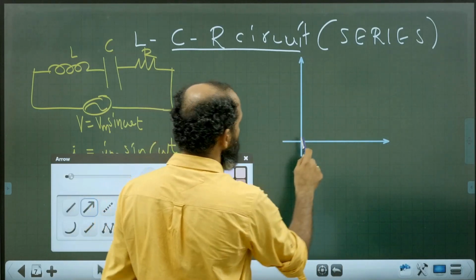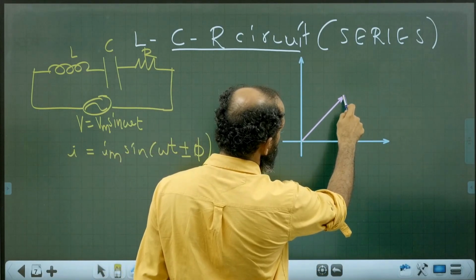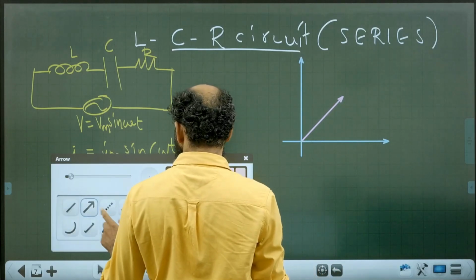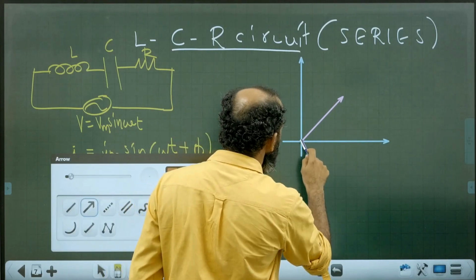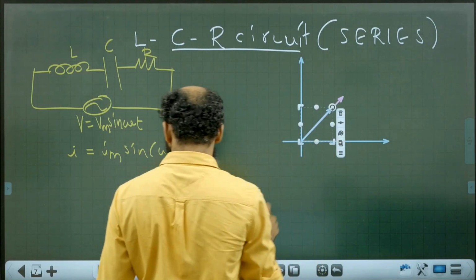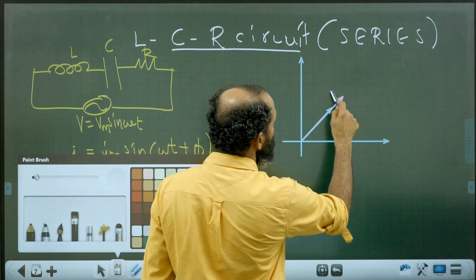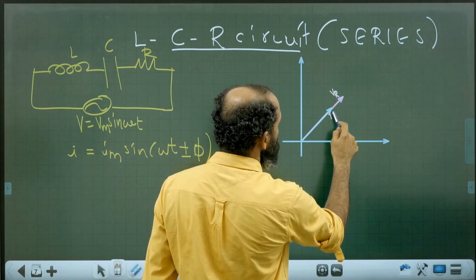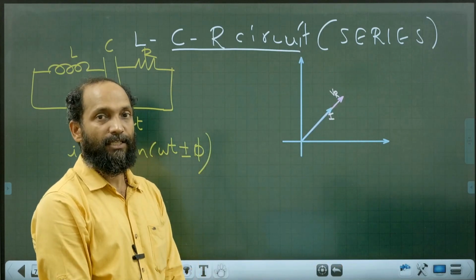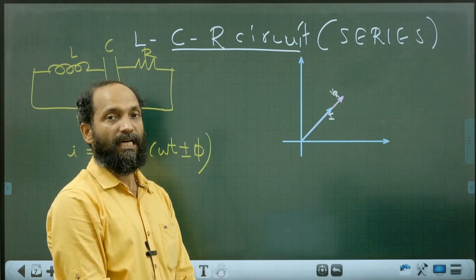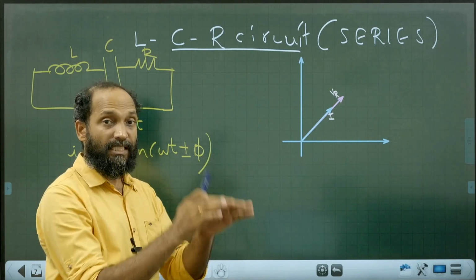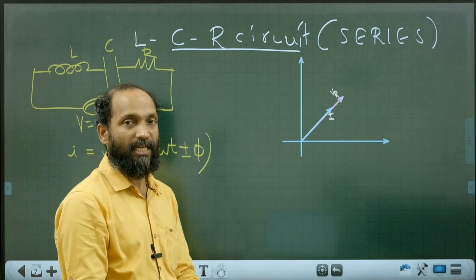First we draw the voltage across the resistor, then the current through the resistor. We know the voltage across the resistor and the current through the resistor are in phase. There is no phase angle between voltage and current in a resistor. In a resistor, when voltage becomes maximum, current is also maximum.